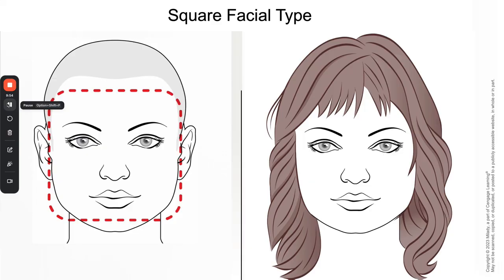They're square at the jaw. So for clients who desire to round out square features, you want to soften the hair around the temples and the jaw by bringing the shape or silhouette close to the head form. You also want to create volume in the area between the temples and the jaw by adding width around the ear.